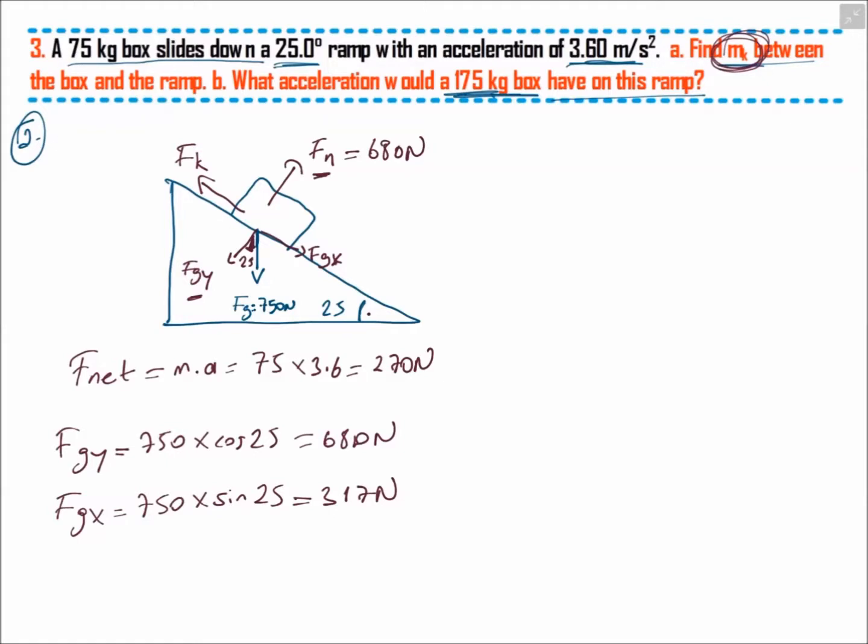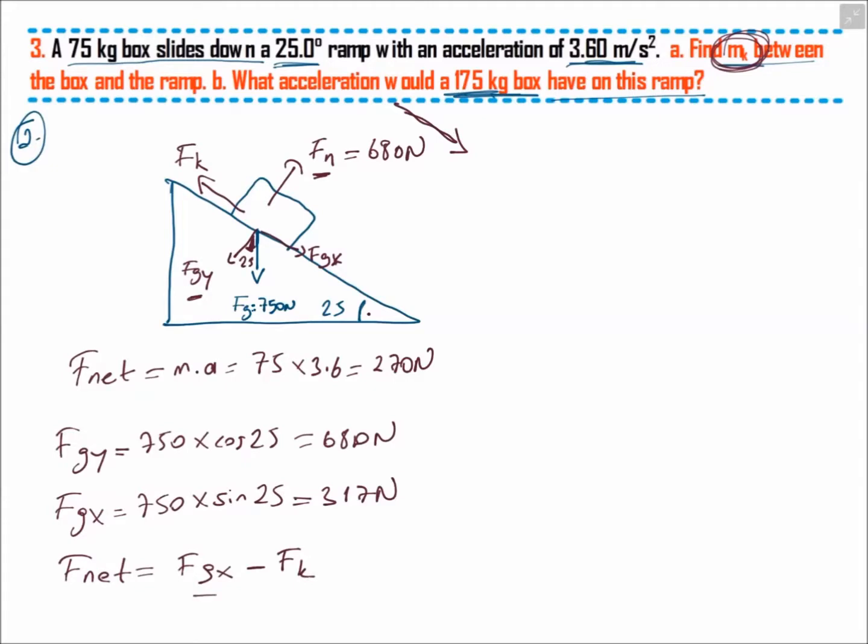We can calculate the mu k from the formula of the Fnet. And the Fnet in this question is equal to Fgx, because the system is moving, sliding in this direction. So Fgx minus Fk, the friction force.